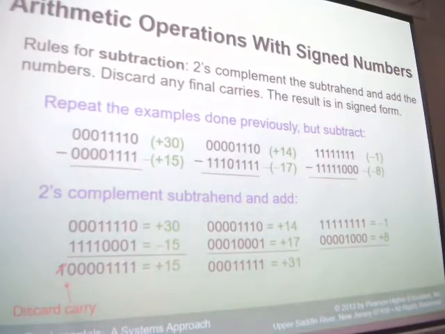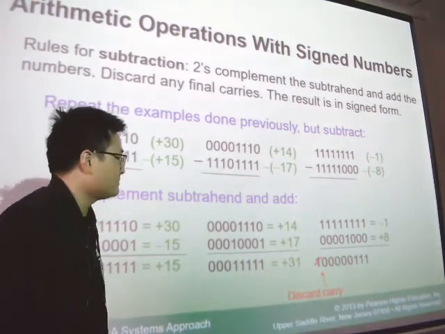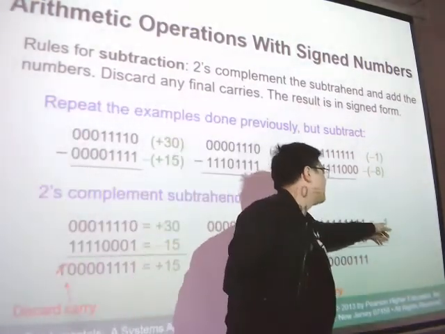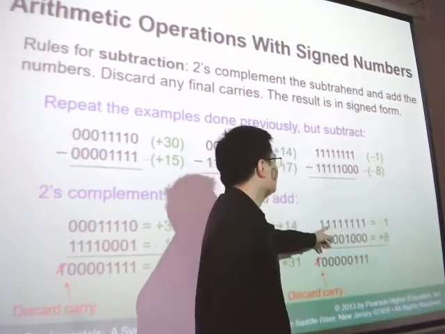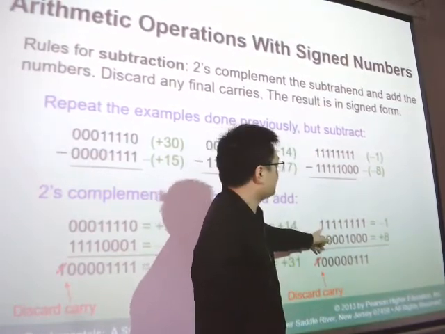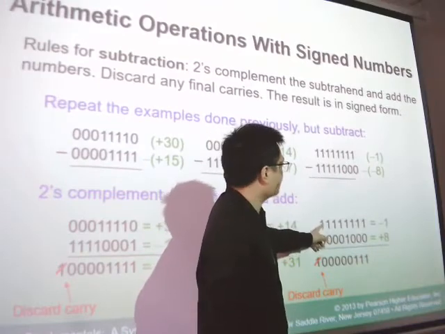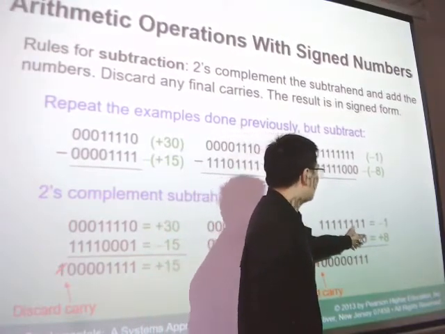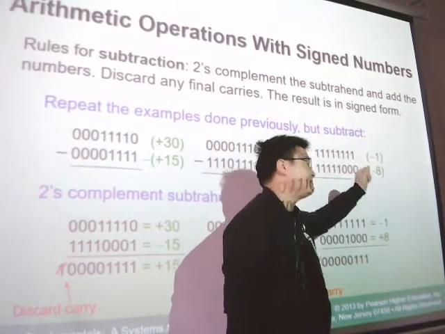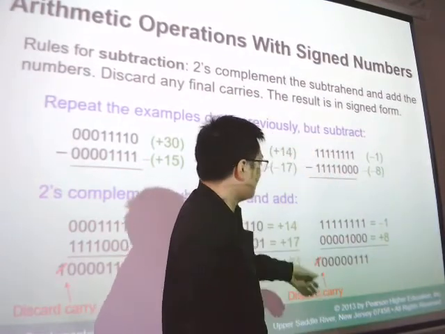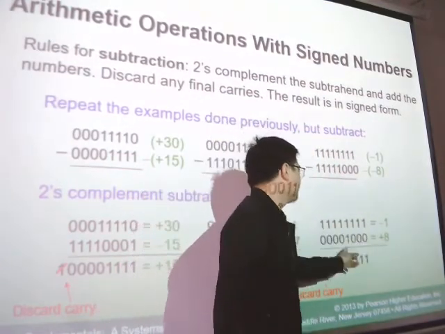The last example is also similar. This time, minus 1, negative 1, we use two's complement, 1, 1, 1, 1, 1, 1, 1, 1 to represent minus 1, and plus 8.